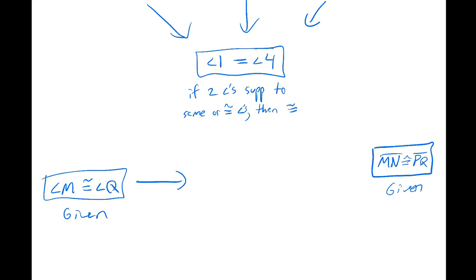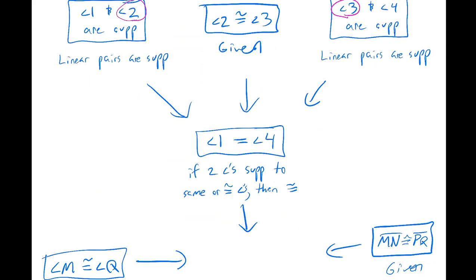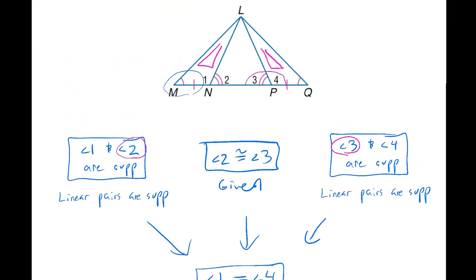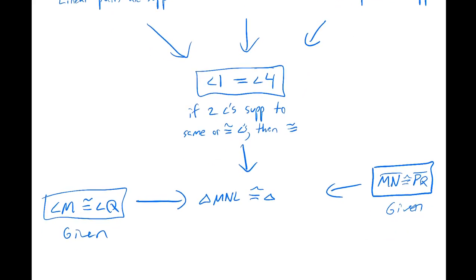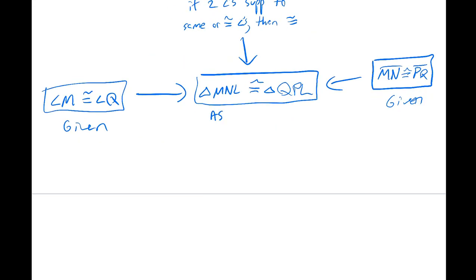So we can put these three together to say, well then, we know that triangle MNL is congruent to triangle, and let's get the order right, M to N to L is the same as QPL, and that was by angle, side, angle, three arcs, triangle congruence.